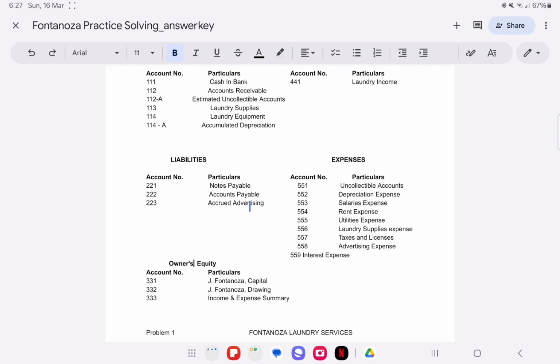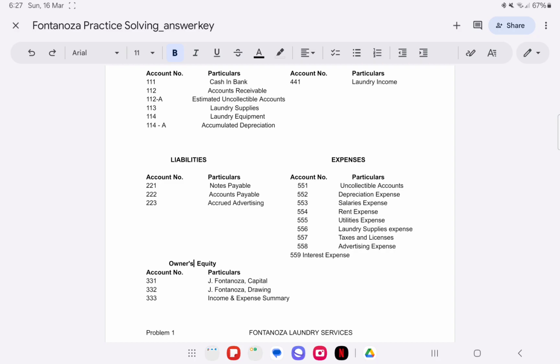You should know the definition of each particular or accounting title, for you to easily analyze which accounting titles to use in journalizing the transactions.